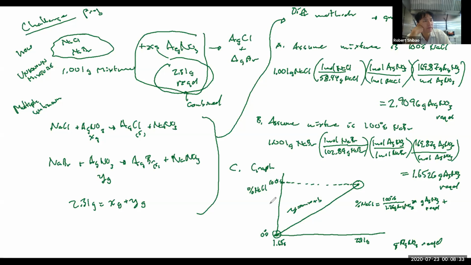And so let's try to figure out this. What's going on here? Is that right? Well, let's do a quick test here. A quick test is if it's 2.91 grams of silver nitrate. So if it's 2.91, oh no, 1.65 is the intercept. Let me just try it. 2.91 times 100, divided by 1.26.